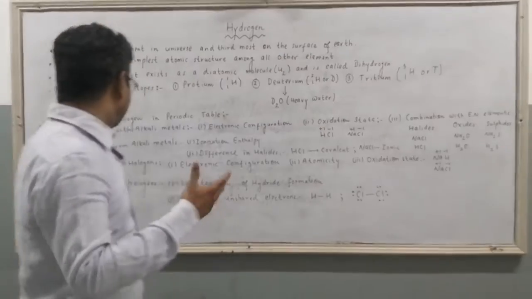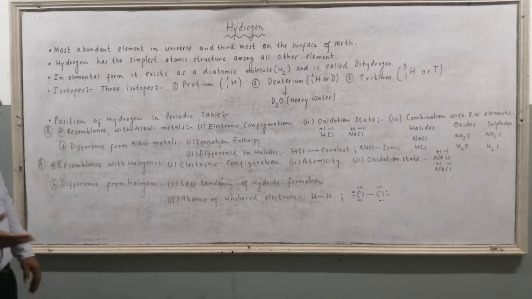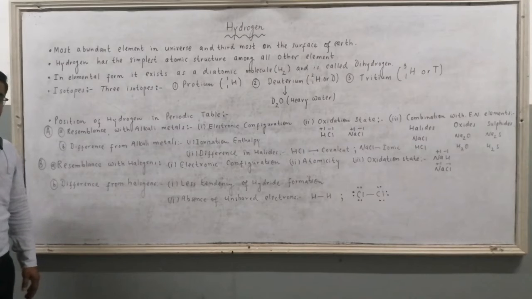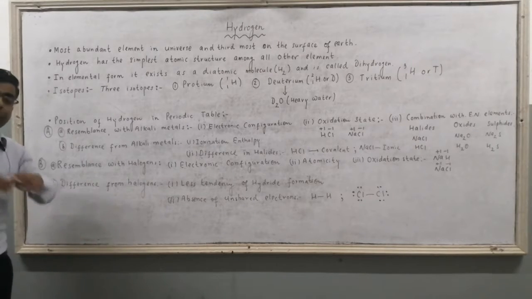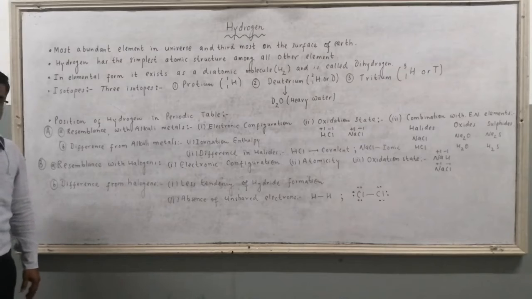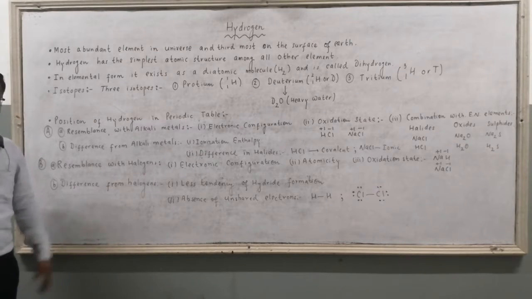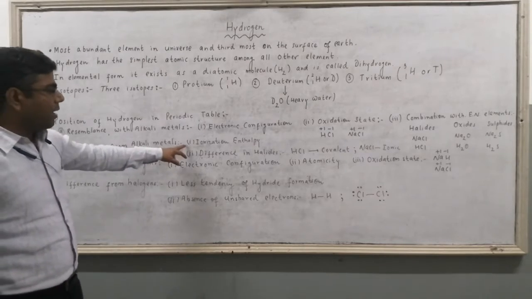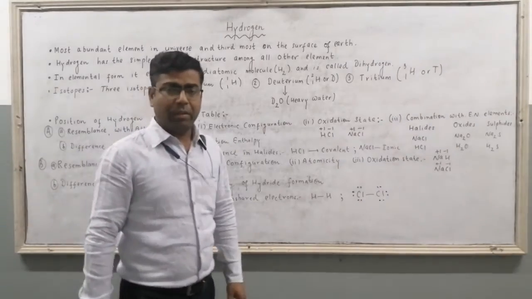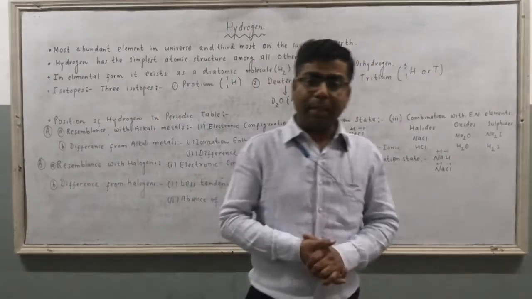Now, what are the points where it shows different properties from alkali metals, where similarity is not there? So point number 1 is ionization enthalpy. Now what is the meaning of ionization enthalpy?